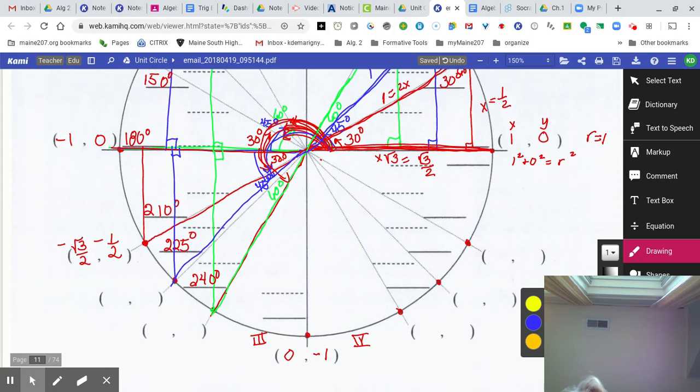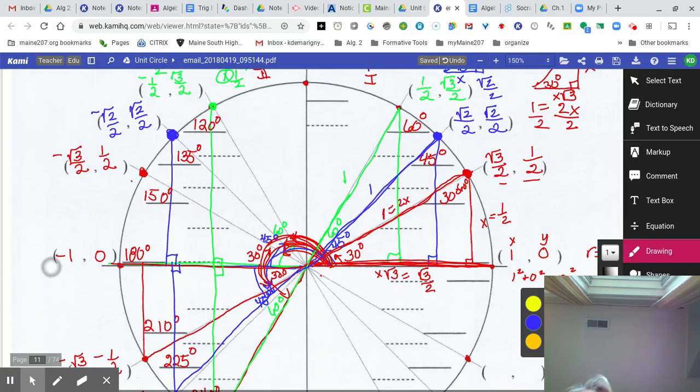And you can remember that it's a 45-45, so both of those legs have to be the same. That's where I get the square root of 2 over 2, the square root of 2 over 2. But if I remember that I'm in the third quadrant, I've gone left and down, so both are negative.